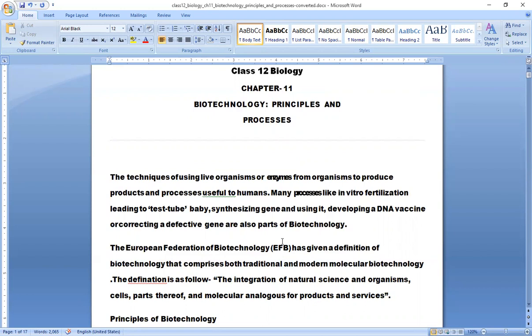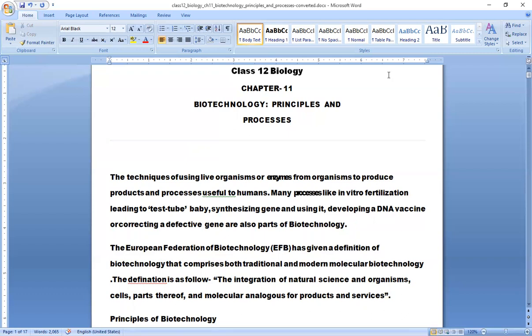Also genes are synthesized using biotechnology. Then DNA vaccines are also being developed, as well as some defective genes are being transformed to a proper gene. So all those types of processes are included in biotechnology.